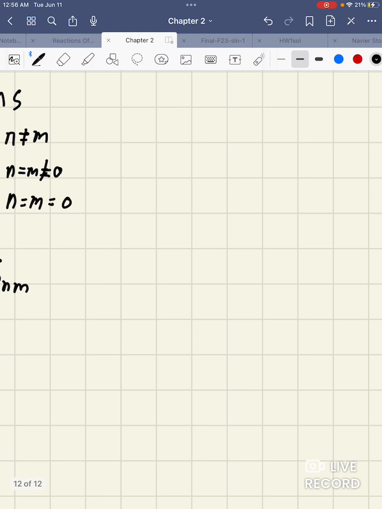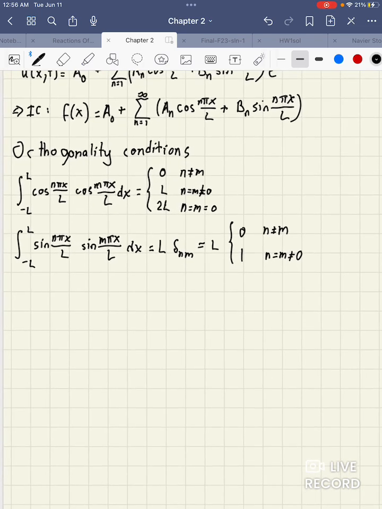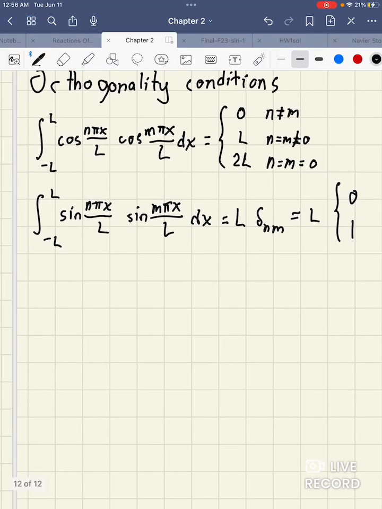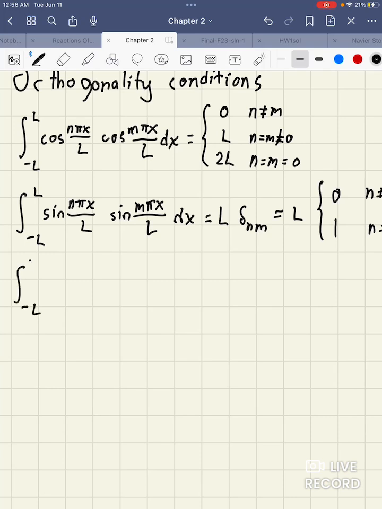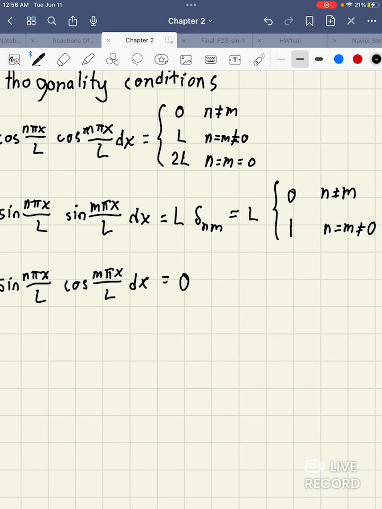If you don't remember our Kronecker delta, it's equal to 0 for different eigenvalues and 1 if they are equal and not equal to 0. And then lastly, if we have mixed, so one is sine and the other one is cosine, in this case, no matter what the eigenvalue is, we will get 0.